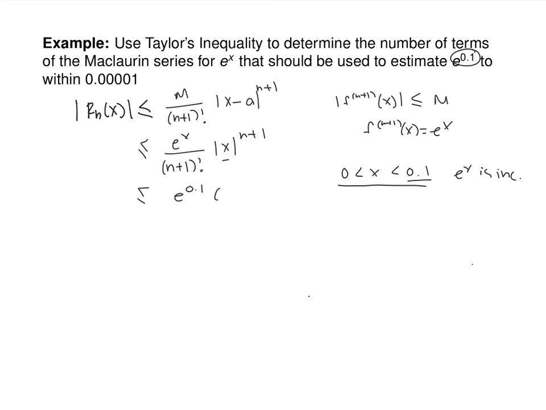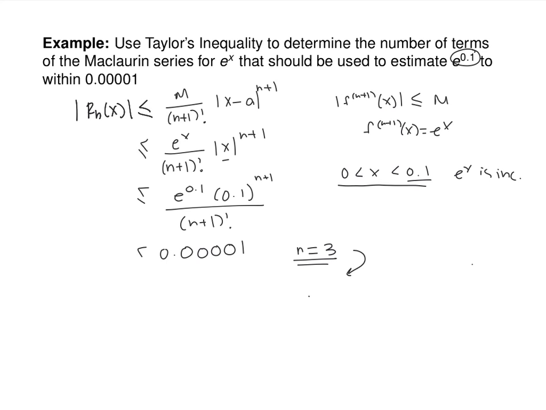And we can take x equal to, well, the 0.1's the biggest, so 0.1 to the n plus 1, all over n plus 1 factorial. And we want this to be less than 0.00001. And you test n's until you get a true statement, and n equals 3 is the first number that works.